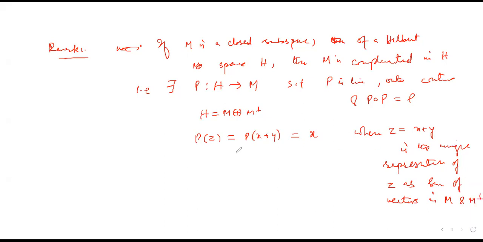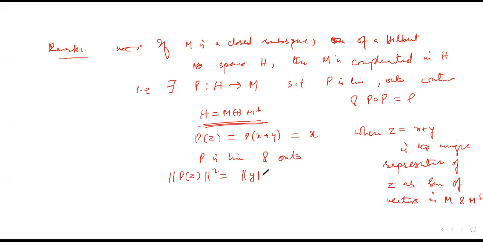Now it's easy to see that P is linear. P is linear and onto, of course, because of this. And of course it is continuous because norm of Pz squared would be equal to norm of y squared.